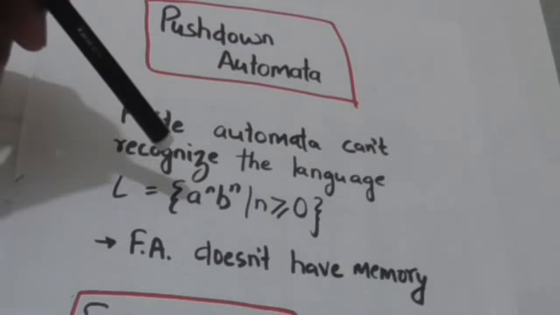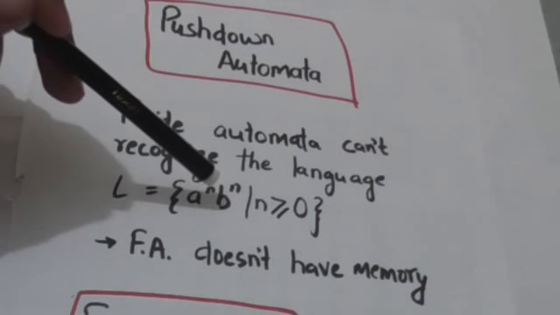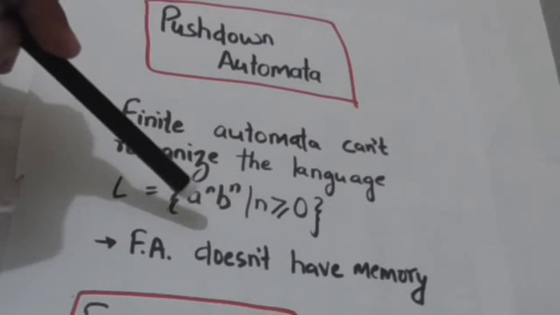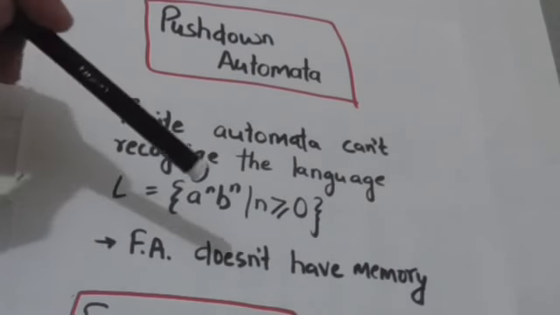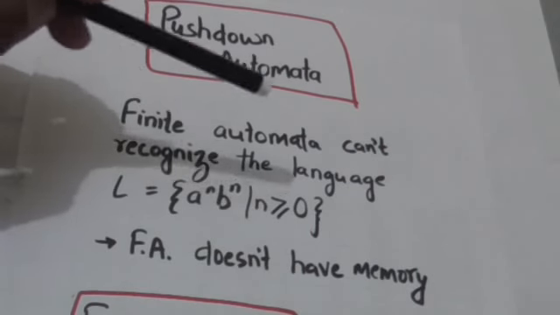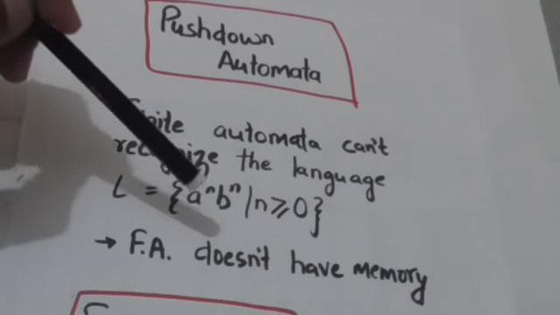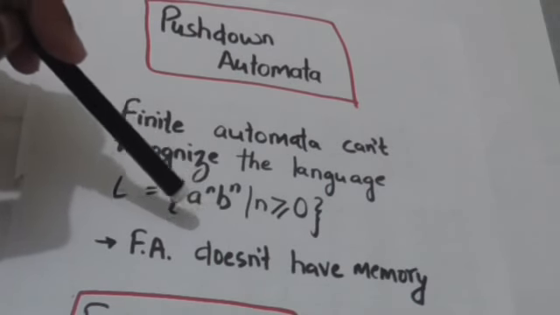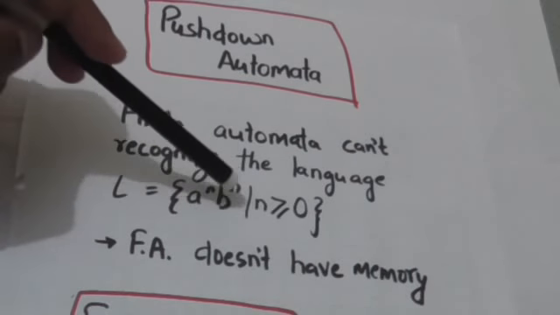Since in the strings of this language the number of A's is equal to the number of B's, finite automata needs a memory to remember how many A's it has read. Since finite automata doesn't have any memory, it doesn't remember how many A's it has read, so it cannot recognize this language, right?